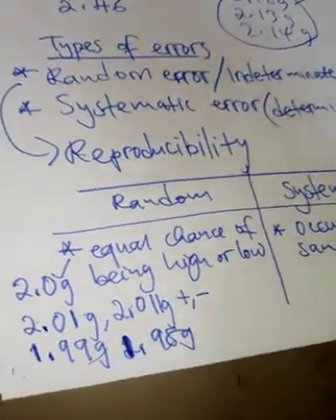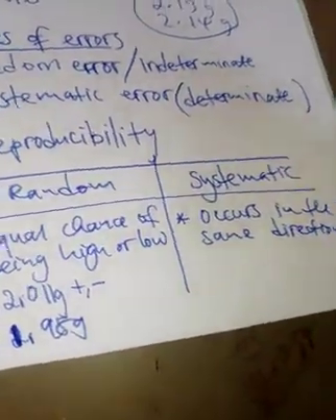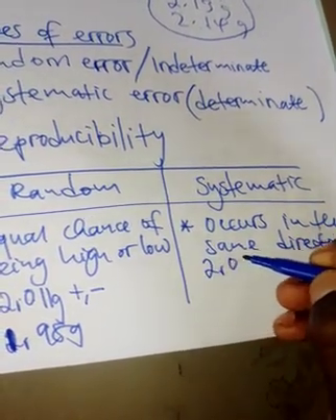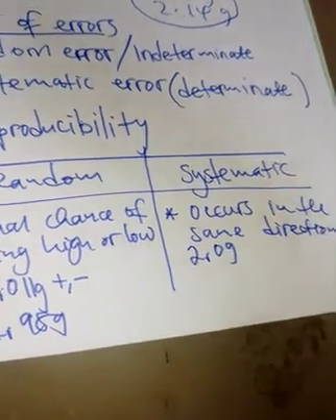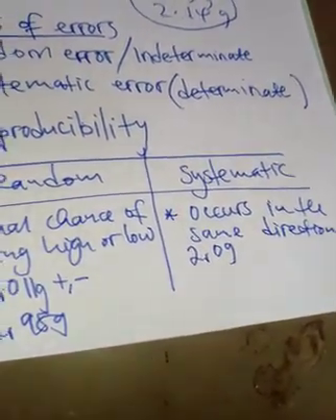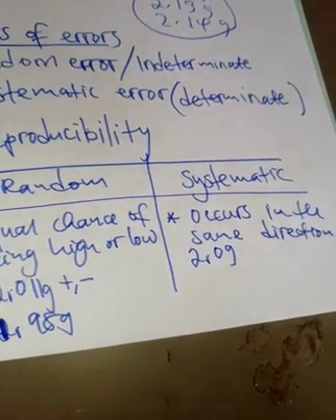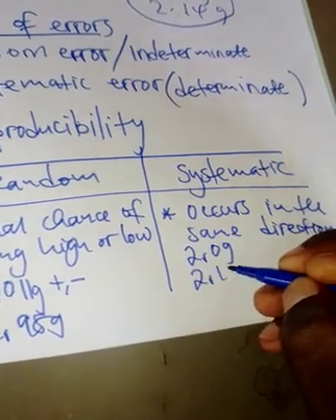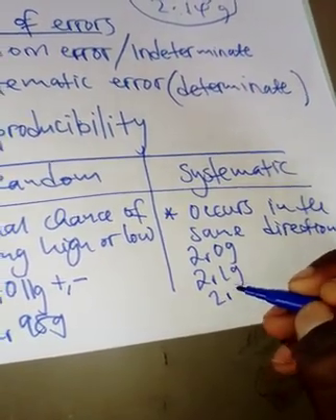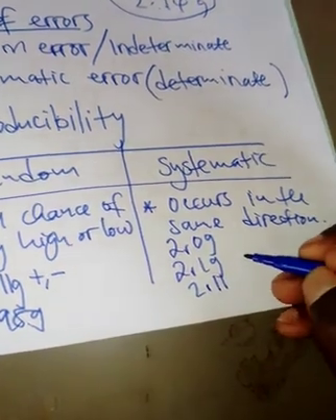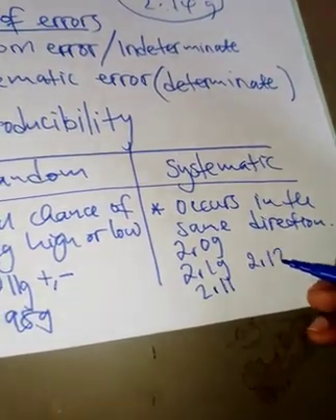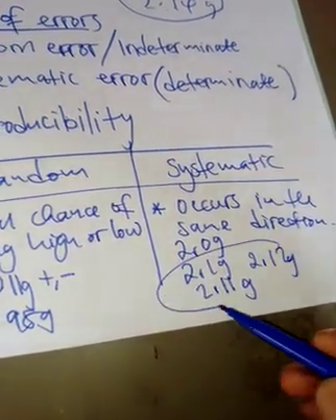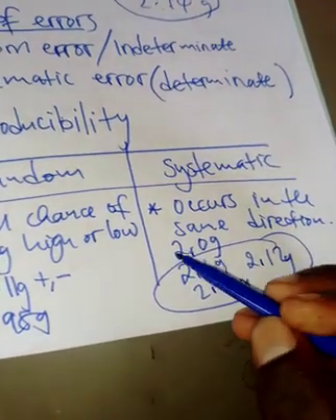Then systematic errors occur in the same direction. If the true value is, let's say, 2.0 grams, then we'll only be getting values which are greater than 2.0. If an error occurs, we can be getting 2.1 grams, maybe 2.11, 2.12, and so on. All values greater than the actual value, which is 2.0.